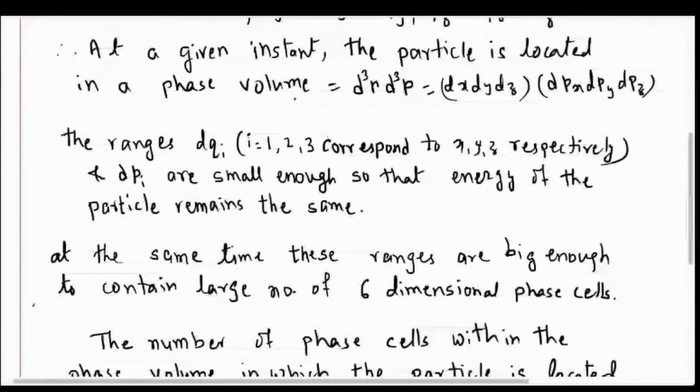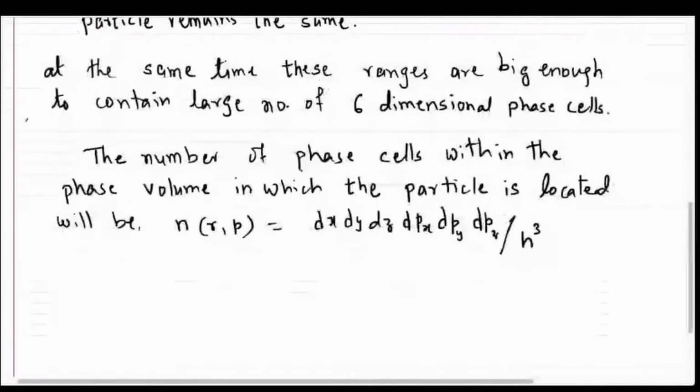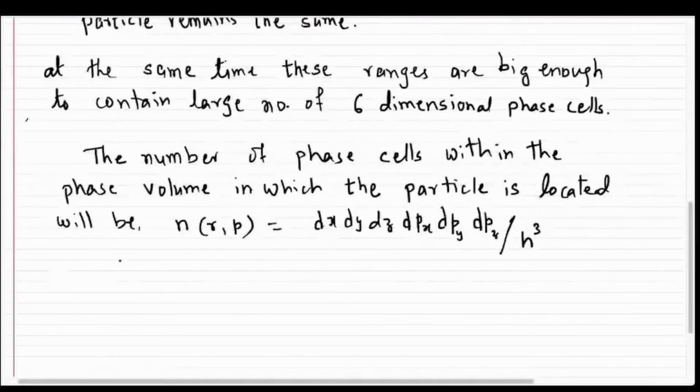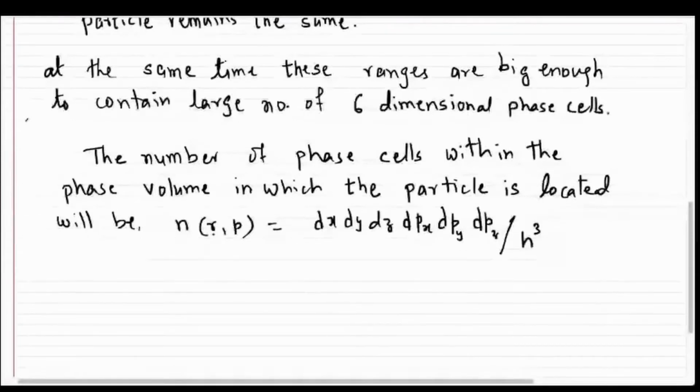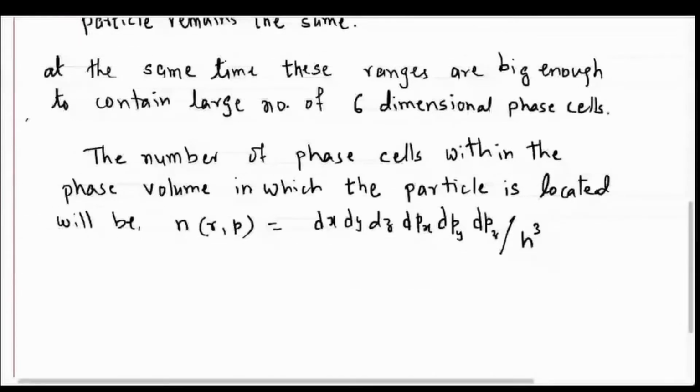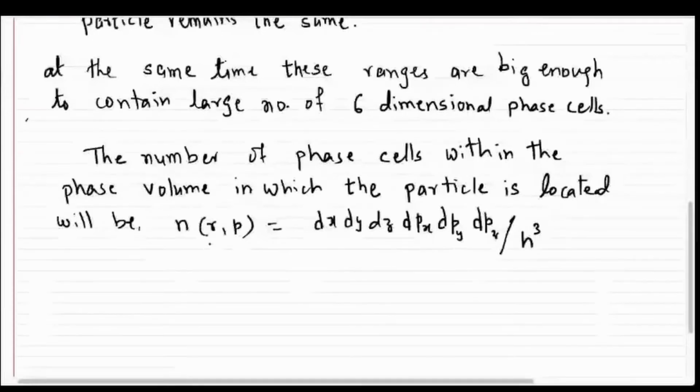Okay. Now, the number of phase cells within the phase volume in which the particle is located can be given as n(r, p), where r is the position with the range x to x plus dx, y to y plus dy, z to z plus dz, and p again with the range, that is px to px plus dpx, py to py plus dpy, pz to pz plus dpz.